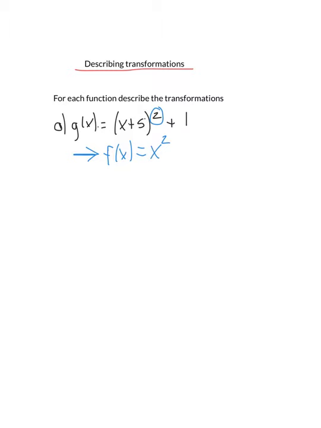The first thing that I see, looking left to right, is the x plus 5 in the brackets right there. So right away I recognize that I have a d value of negative 5. I see a plus 5, I know that my d is the opposite, so my d is negative 5, which means that I have a translation 5 units to the left.